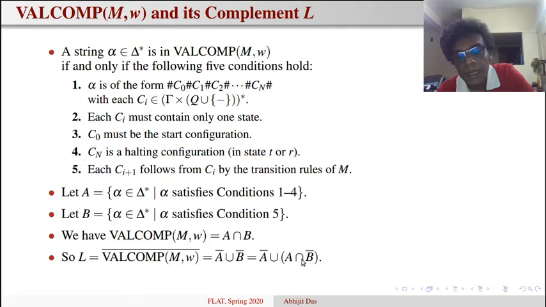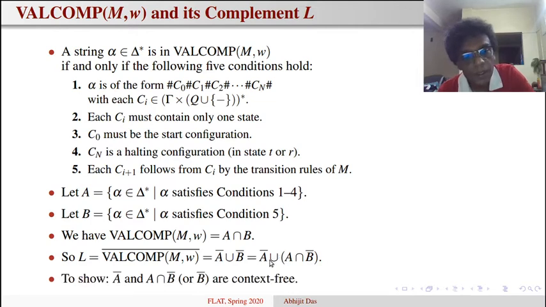Okay. Now if I can prove one by one that this A bar and this A intersection B bar are both context free, then I prove that L is context free because context free languages are closed under union. They are not closed under intersection but they are closed under union.